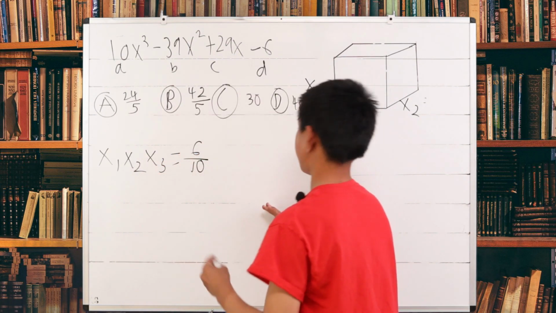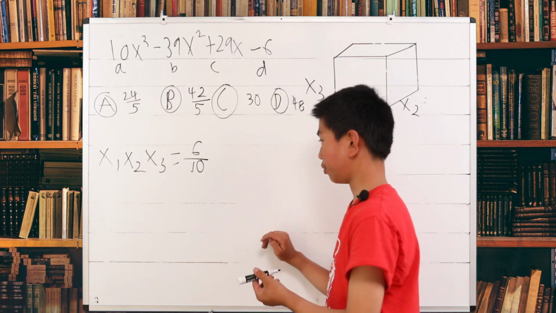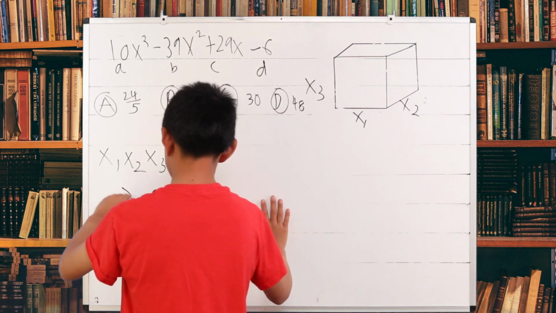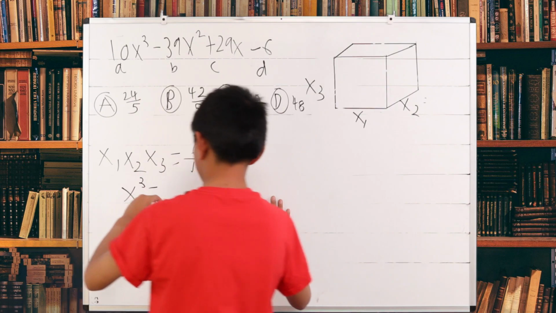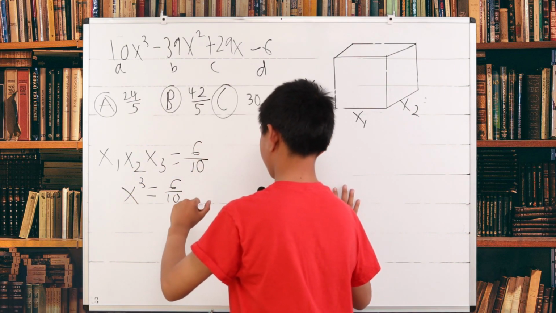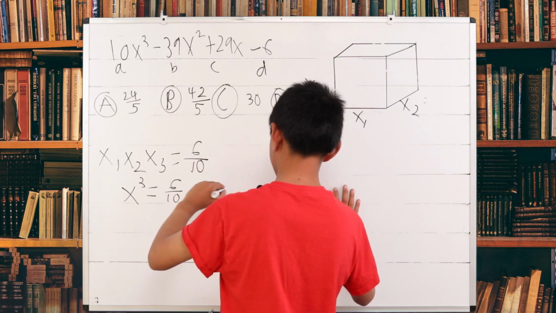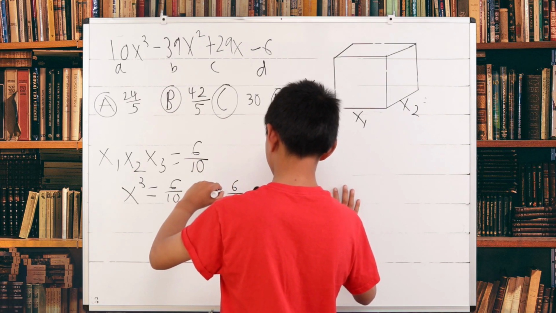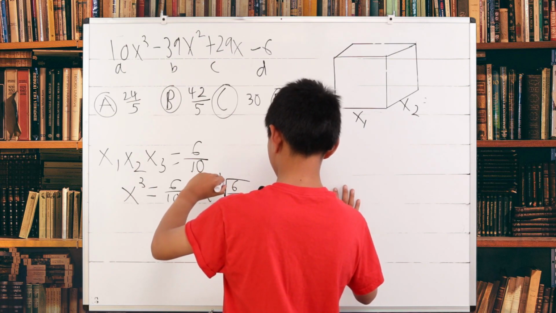So we assume that the shape is a cube, so therefore x cubed is equal to 6 tenths, since all sides are equal. So therefore x is equal to the cube root of 6 tenths.